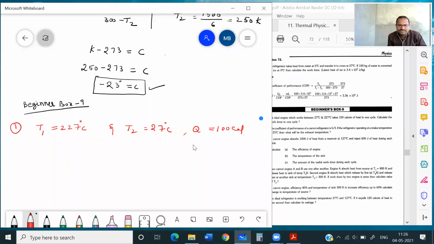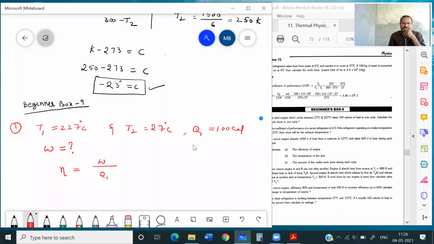Then what is the work done? They're asking. We know the heat engine formula: efficiency eta is equal to the amount of work done upon the heat energy which is extracted.